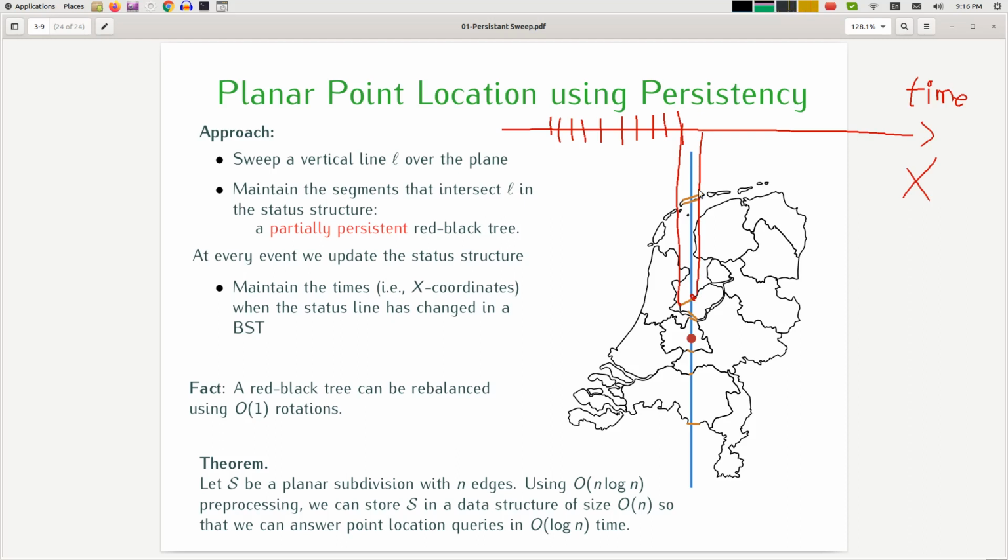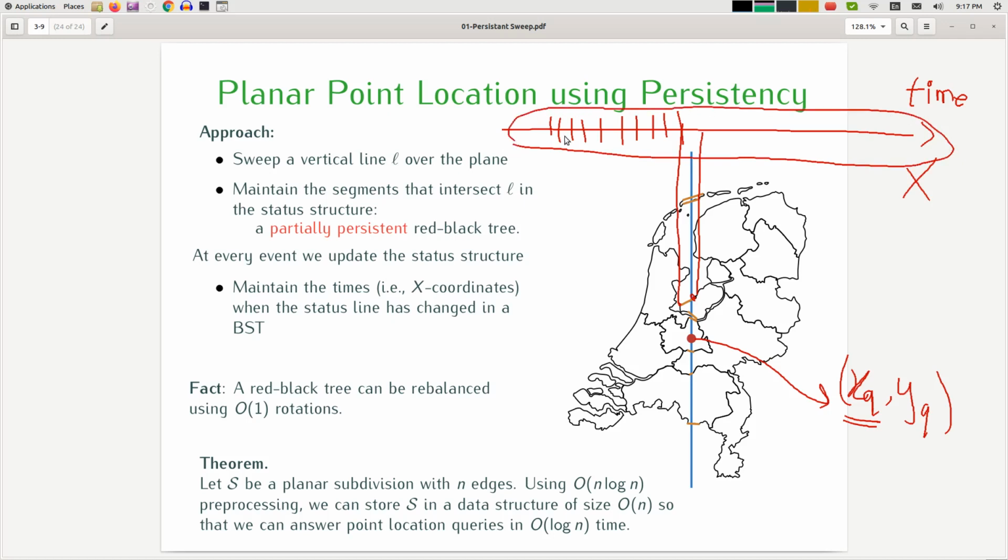Then when a query comes with two coordinates, xq and yq, this xq is essentially a timestamp. We search in this one-dimensional input, or in time. We find the time period in which this xq lies between two versions of the tree.